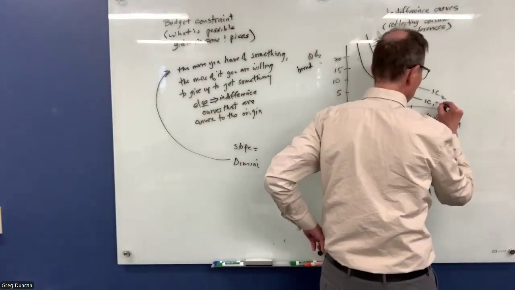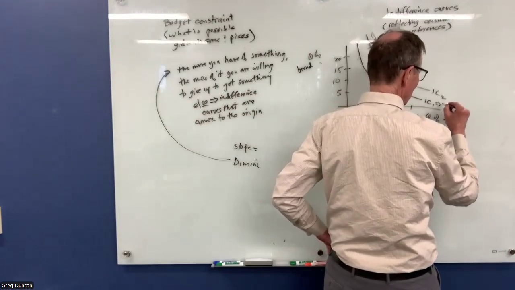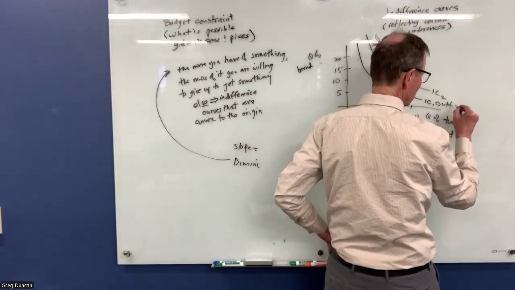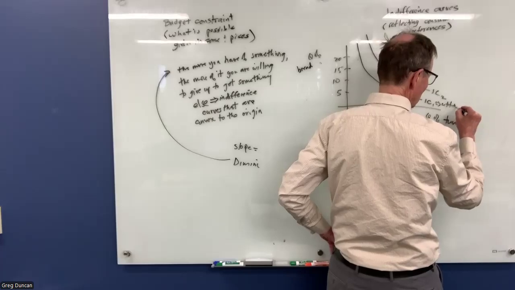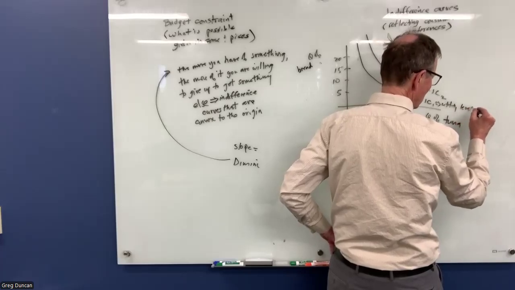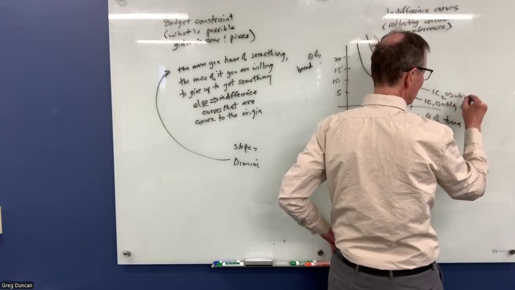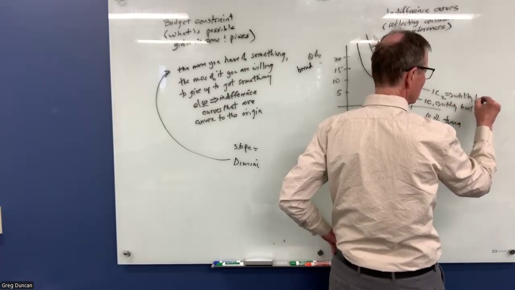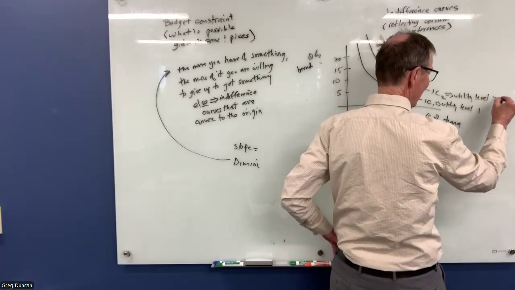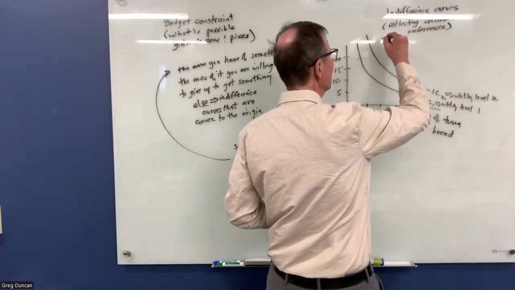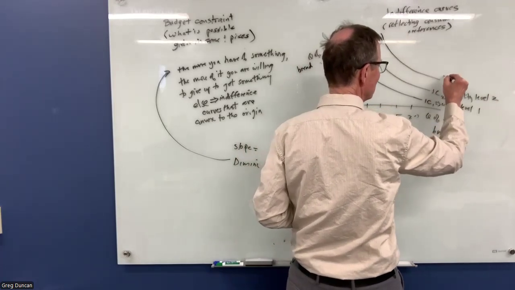So this is an indifference curve for utility level one. This is for utility level 2, a higher level of utility, 3.